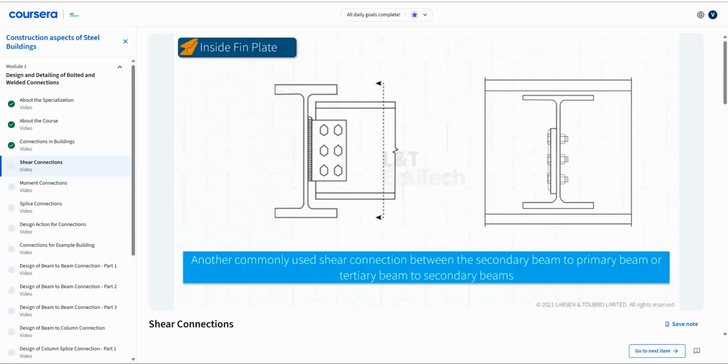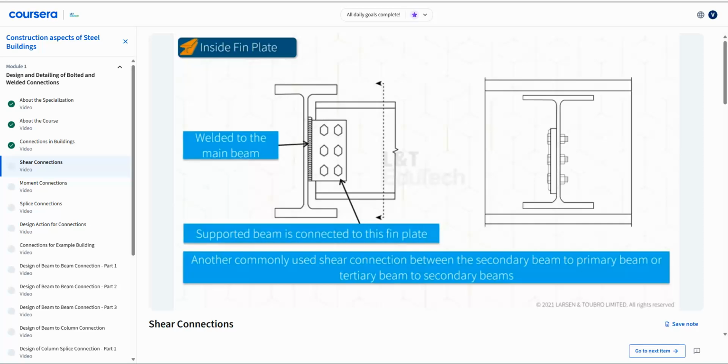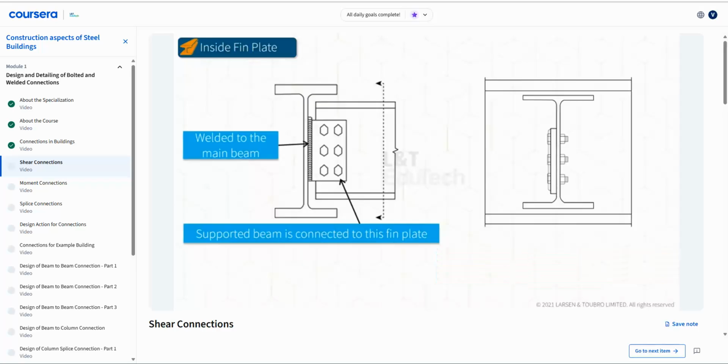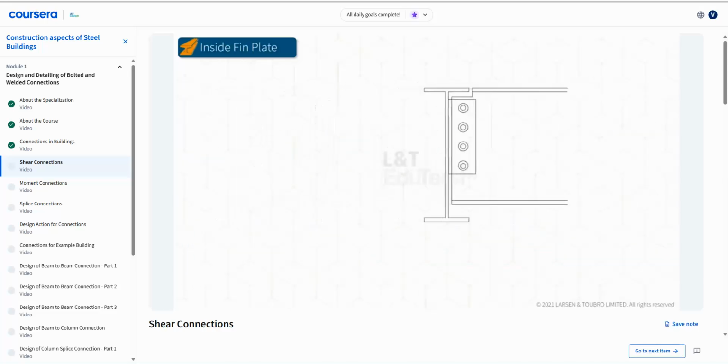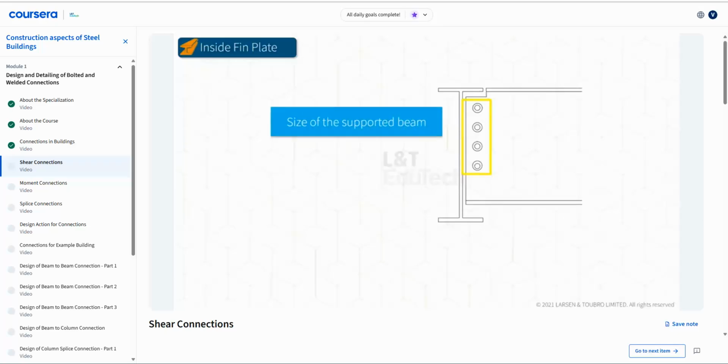In this case, a fin plate is welded to the main beam and the supported beam is connected to this fin plate using either welding or bolting. The fin plate generally will have enough width for connecting the supported beam. The depth of the fin plate can be covering only the partial depth of the supporting beam or the full depth of the supporting beam depending on the size of the supported beam as well as the quantum of force to be transferred.